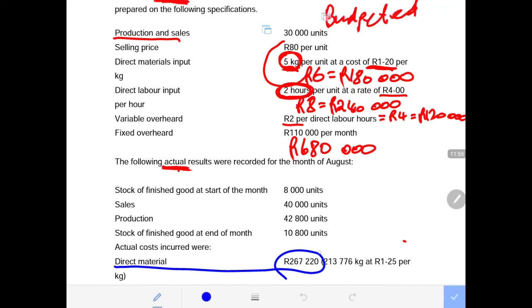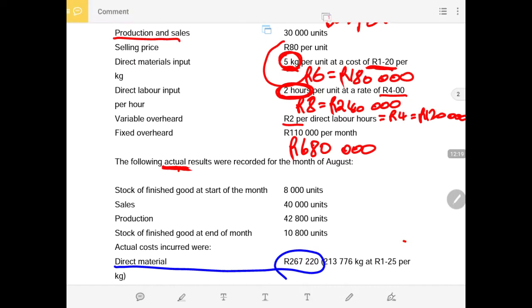If you remember previously, our material was budgeted at 180,000. Obviously, it has to be very different because the budget was 30,000 units to produce, but now we produced a total of 42,000 units. Hence now the cost of material that we bought is far away from the one that we have anticipated to use.